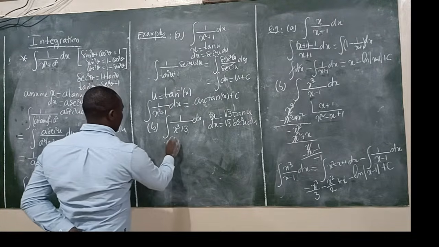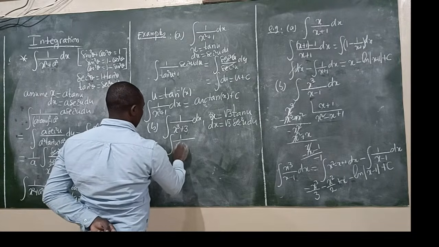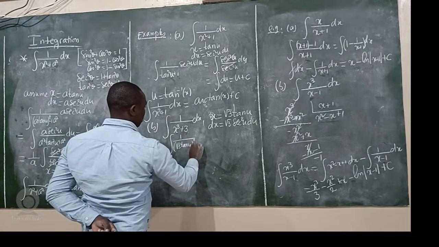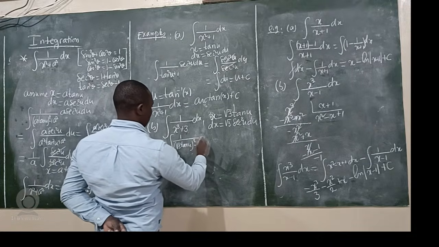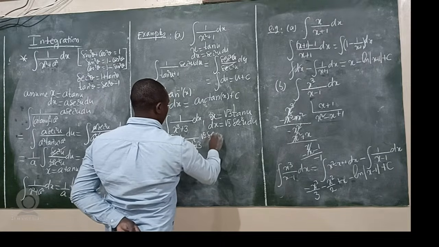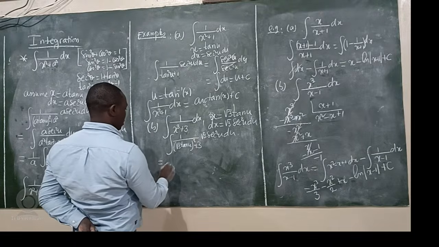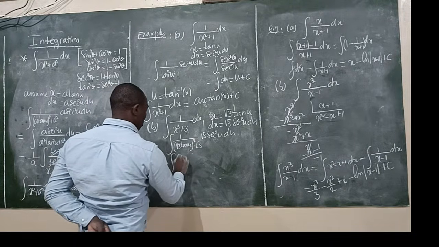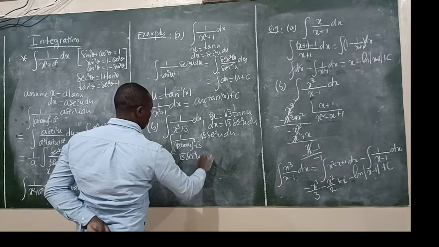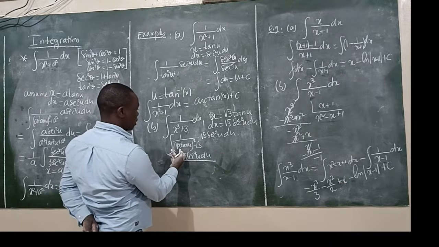Now, the integral becomes 1 over the square root of 3 tan u squared plus 3 times the square root of 3 sec squared u du. This is the integral of root 3 times sec squared of u du divided by, what is the square of root 3?